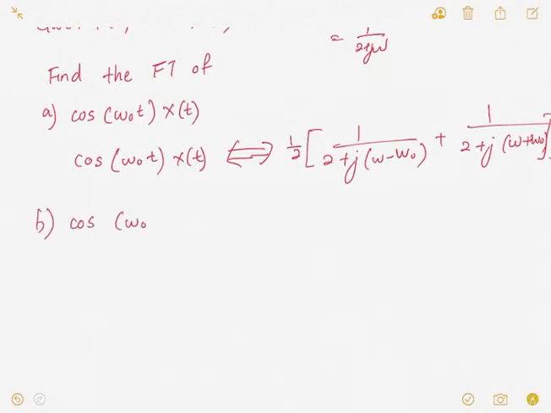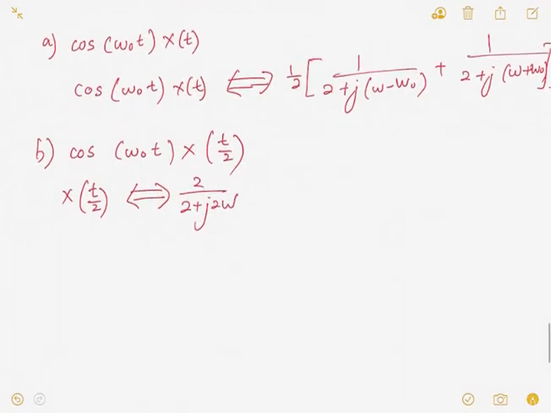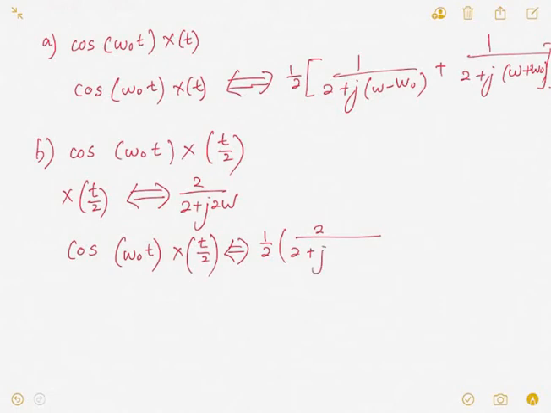Cos omega naught t and then x(t over 2). What will be the answer? As you have done before, x(t over 2) gives you 2 over 2 plus j 2 omega. Then what about the cos? For cos omega naught t x(t over 2), you get half from the cos, times 2 over 2 plus j 2 omega, where omega changes to omega minus omega naught.